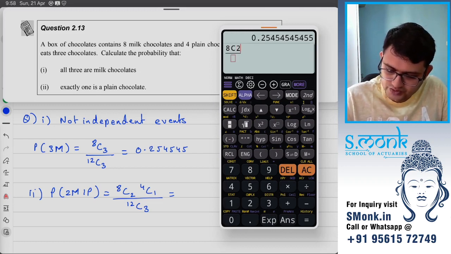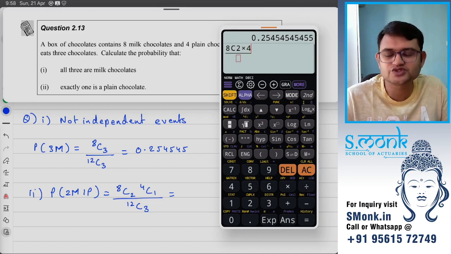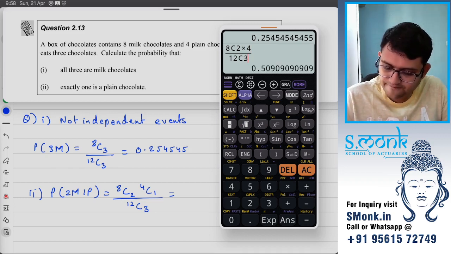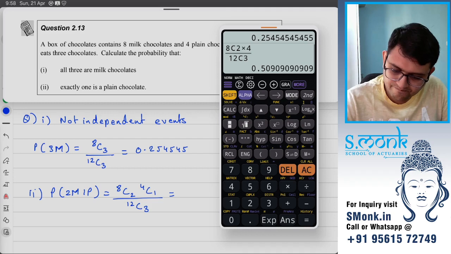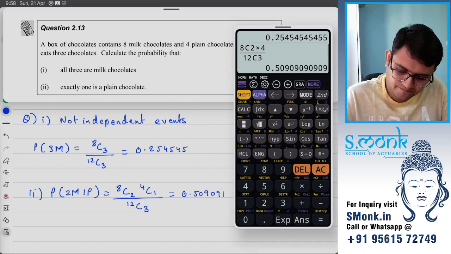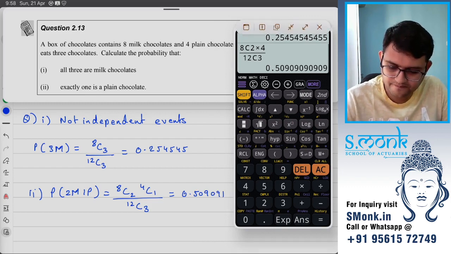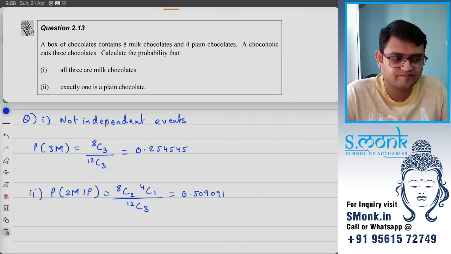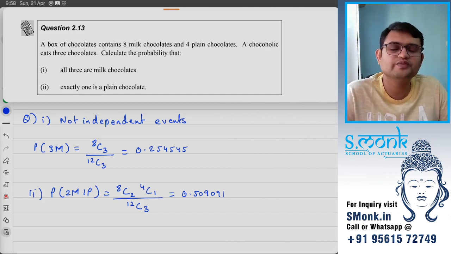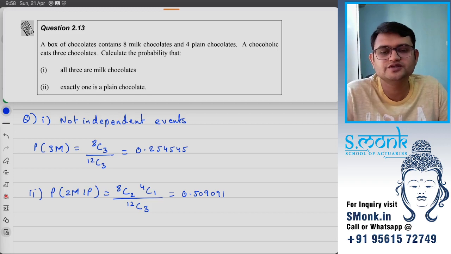So 8C2 into 4C1, which is just going to be 4, upon 12C3. So this is how using combinations we can solve all of these sums.